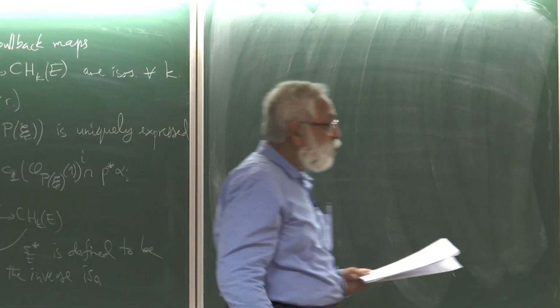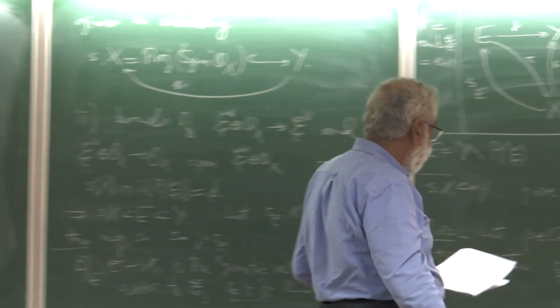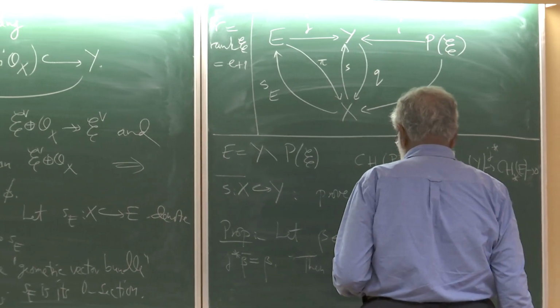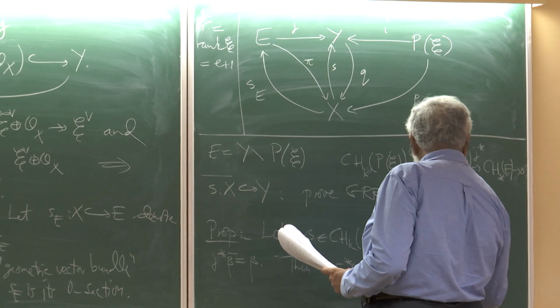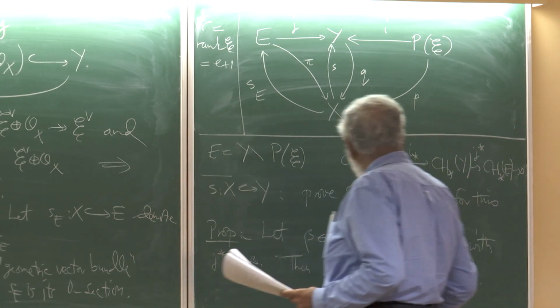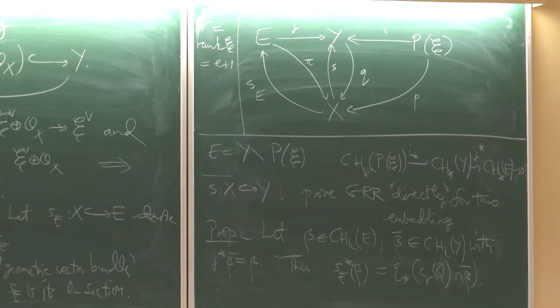One more thing I have not explained here, the formula. This I wrote c_r(E), but I think I made a mistake here. I do not want to write that. I want to write c_r(Q). And what is Q?